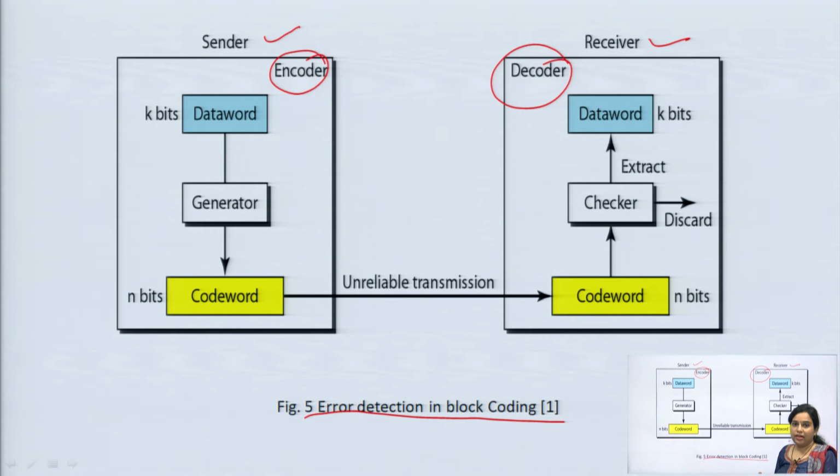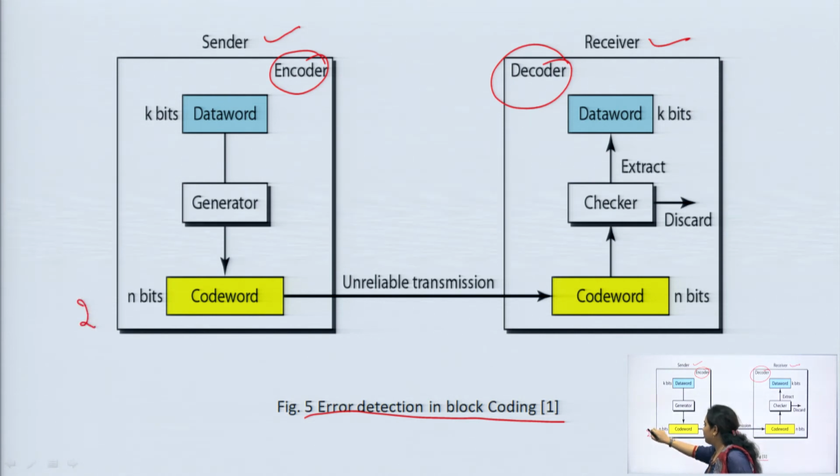In this, two terms are used. First is the data word; the number of data words possible is 2 to the power k, as we have seen in the earlier slide, and the total number of code words possible is 2 to the power n. Then the k bits that generate this data word are applied to the generator, and then the code word will be generated.